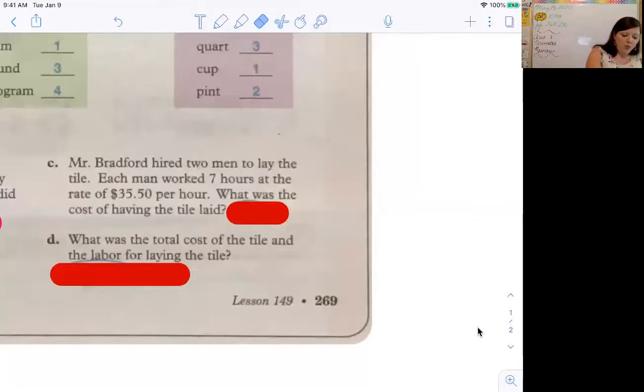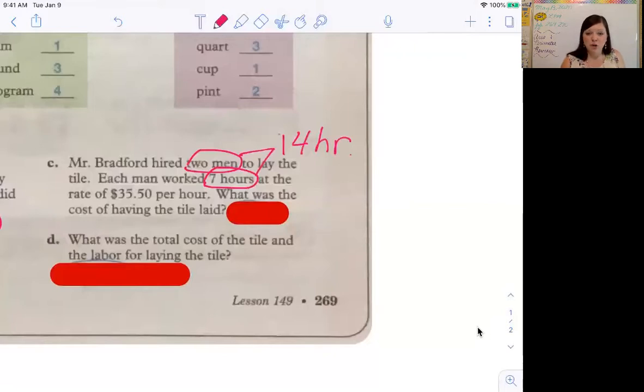Okay, they worked for 7 hours, yes? That's for 1 man. How many men did he hire? 2 men. So 1 man worked for 7 hours and the other man worked for 7 hours. How many hours did they work in all? 14 hours, but that's not the question, but we had to figure out that first.